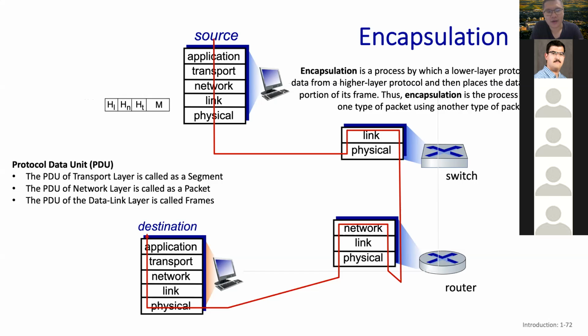Finally, it goes to the physical layer, then to the next switch or router. And after that, we need to decapsulate the data, because it is going to arrive at the destination. Then the data goes to the network layer, decapsulates, and goes to the next layer one by one.